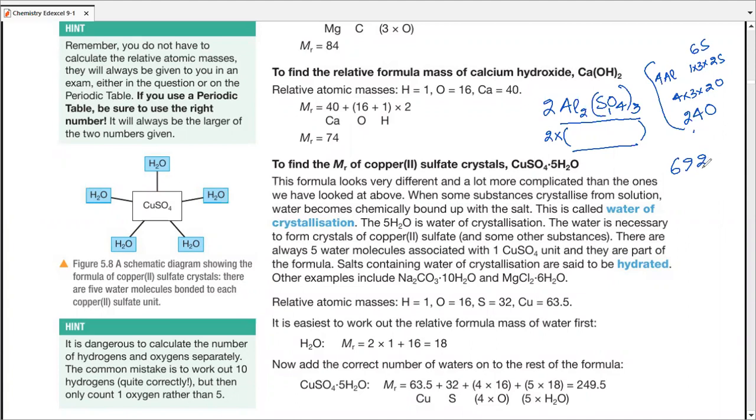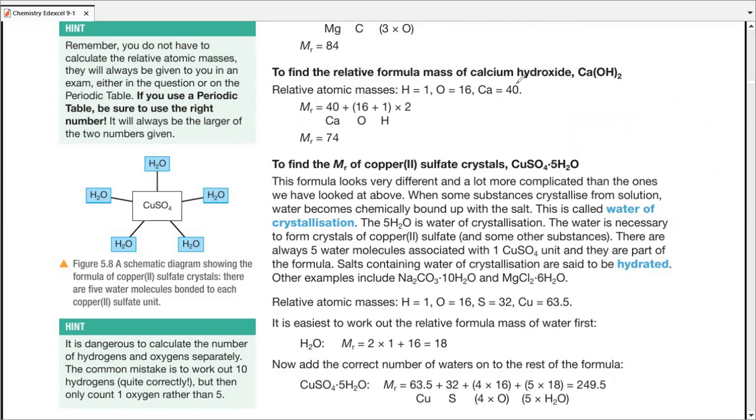Sounds about right. 96 into 3 is equal to 288 plus 54, that is, yeah, around 346. Okay, that's right. 692 seems about right. Okay, I'm gonna leave you with a homework example.